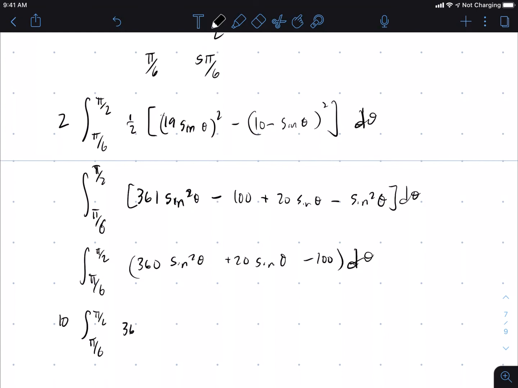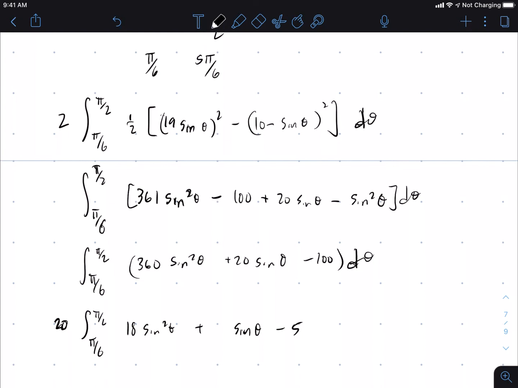So 36 sine squared theta plus 2 sine theta minus... Oh, I could pull out a 20. Yeah. Why don't we do that? So, is that 18? Yes, 18, 1, and 5.